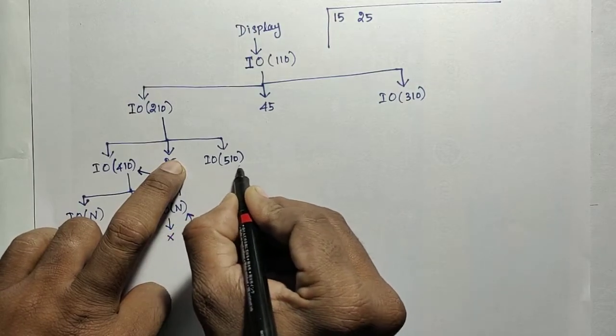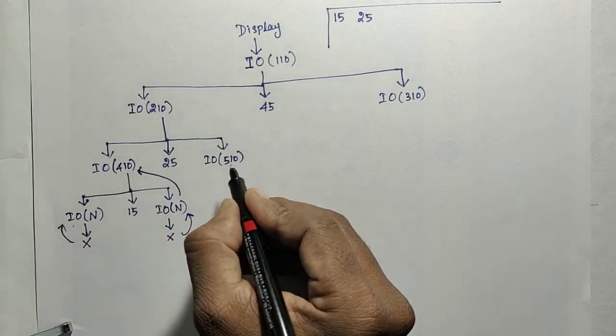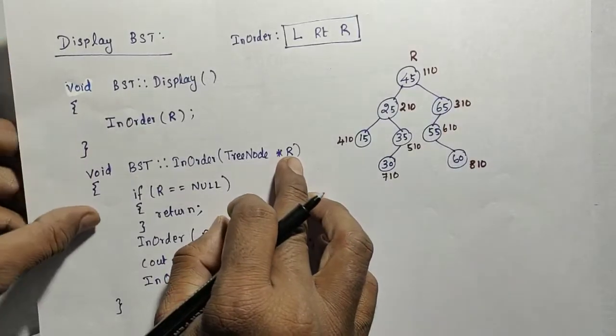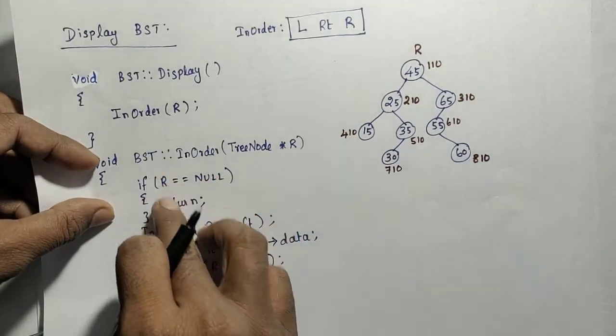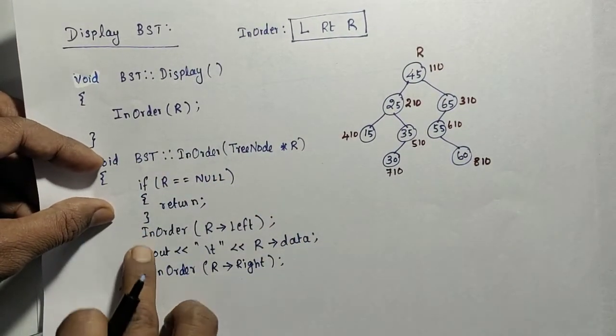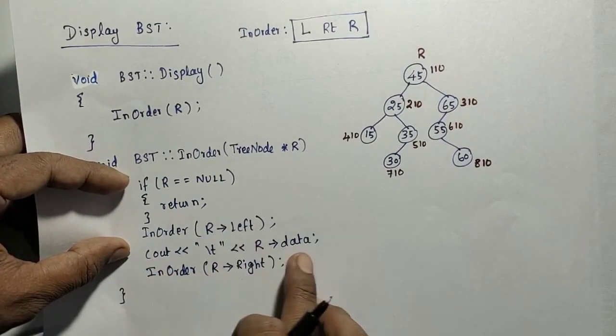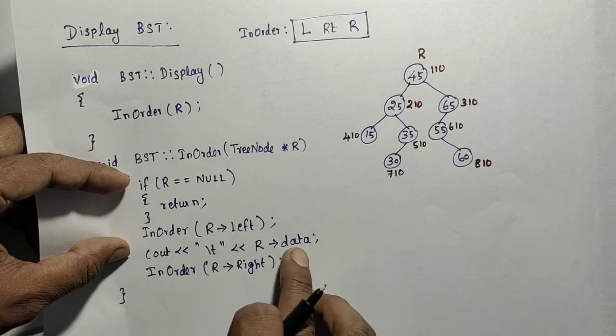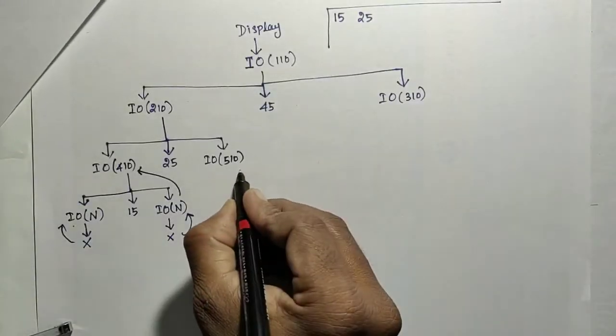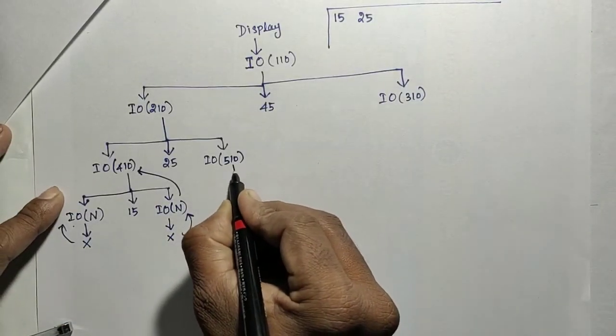Okay, here IO of 510. 510 means the R is not a null. R is not a null means again it will be expanded to three statements: IO of left of the 510, and in between, the data will be printed, then IO of right of the 510. So I need to expand this.